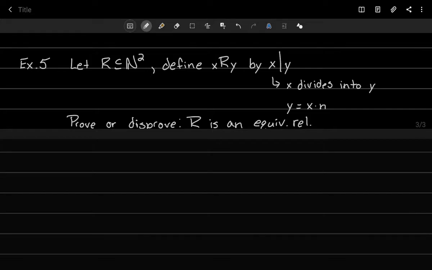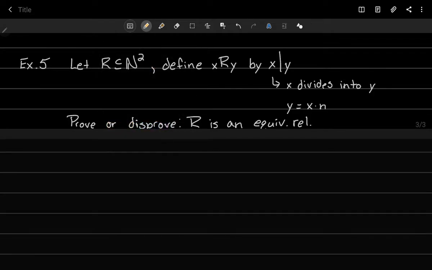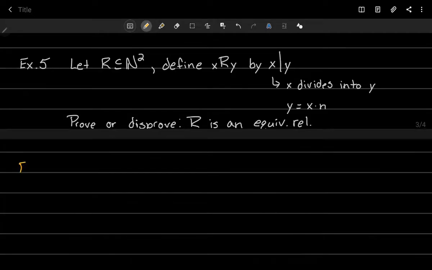So first we do some scratch work off to the side. First I need to check reflexive, x divides x. So does x divide into itself? Yes, that's okay, because x does equal x times 1.